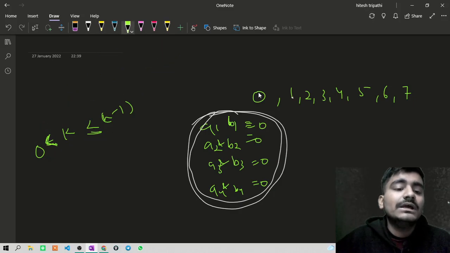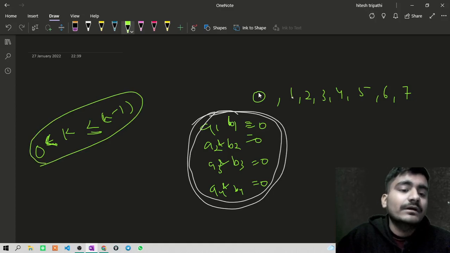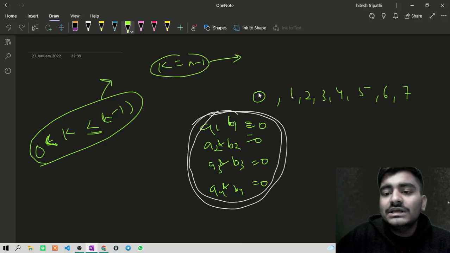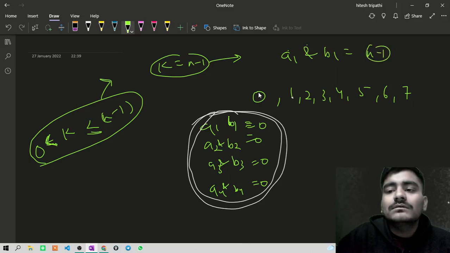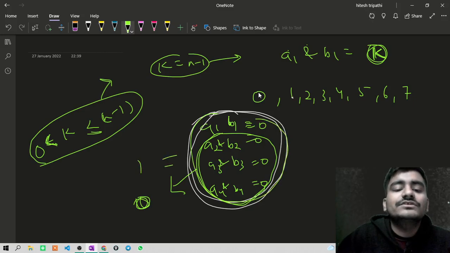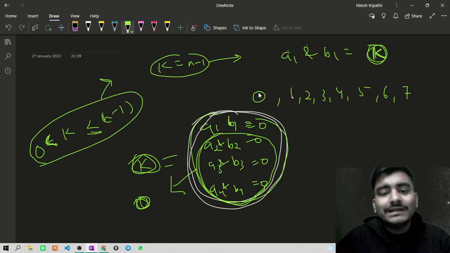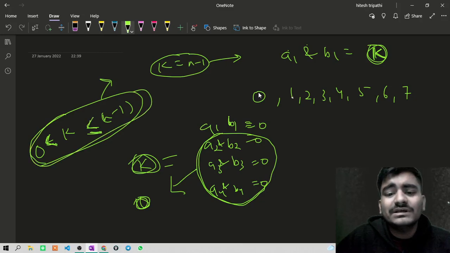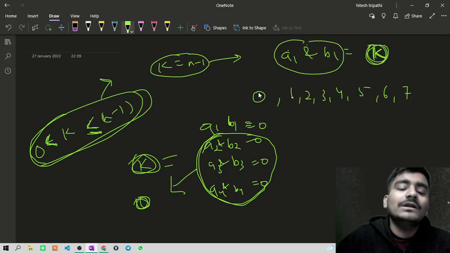Now when k is between 0 and n minus 1, it means I can do something like this: can I make the bitwise AND of just one pair equal to k, and make all the others equal to simply 0? So the total sum I'll be getting is equal to k. Fine. So what I am telling you is that for this case, when k is between 0 and n minus 1, what you can simply guess for now is to make the bitwise AND of one pair equal to k, and for all other pairs make it 0.